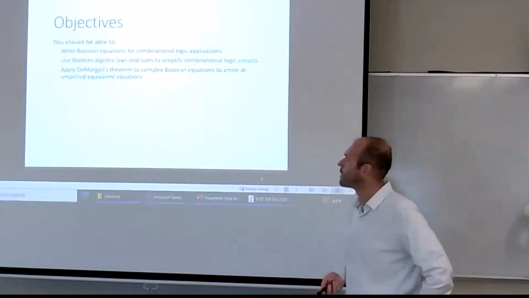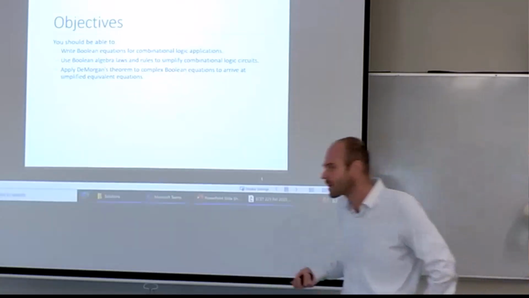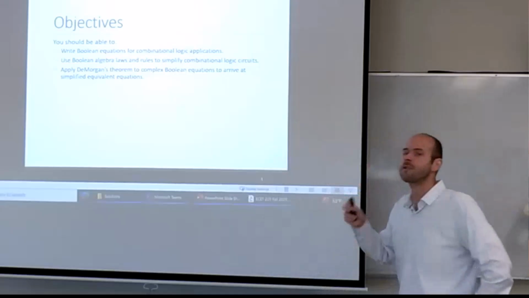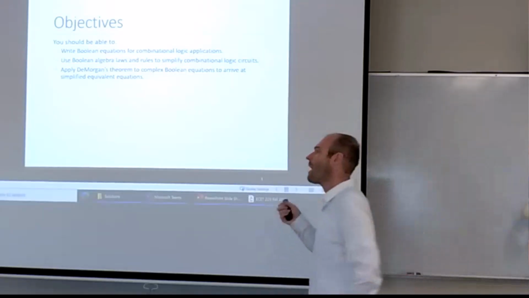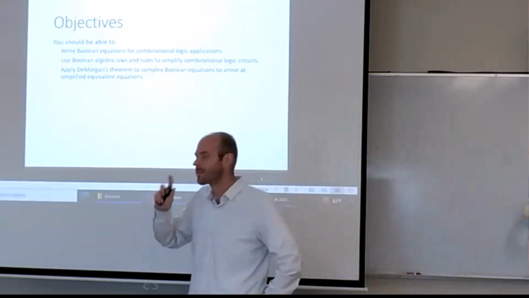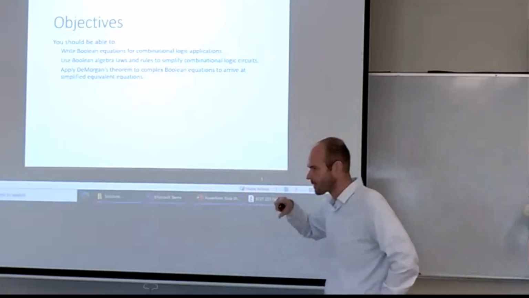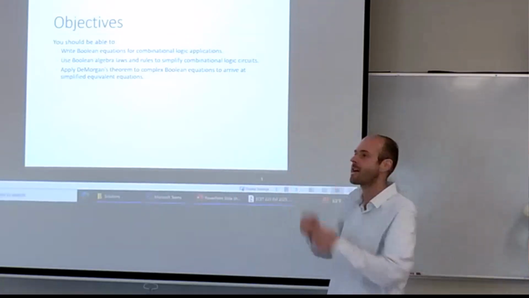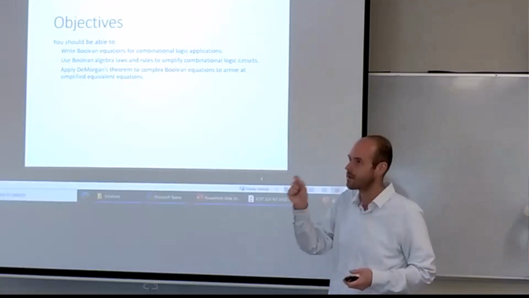Hopefully you all remember algebra from math classes earlier in your life. We are using that same algebra today. However, it means a slightly different thing based on this course. So you'll recall when we introduced logic gates, the multiplication, or two letters side by side, is our AND operation.